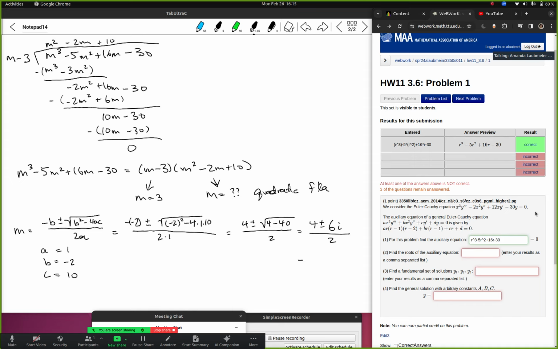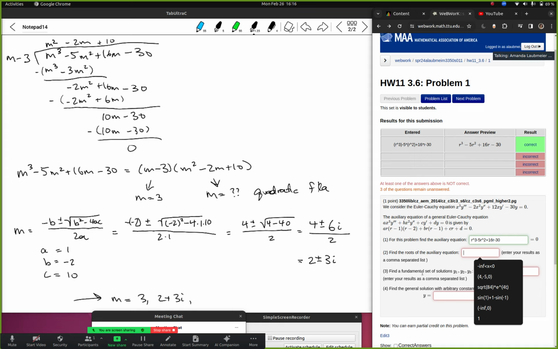So what I'm getting here is that this is 2 plus or minus 3i. So let's go ahead and try putting these roots that I found. I guess I should say this means my roots are m equals 3, 2 plus 3i, and 2 minus 3i. And I sure hope nothing went wrong in my algebra here.